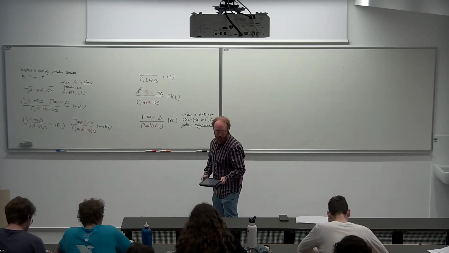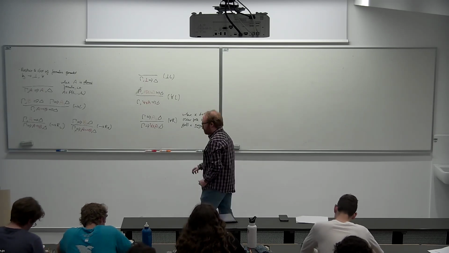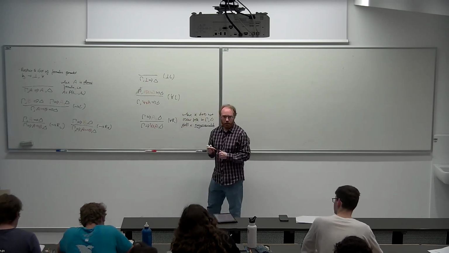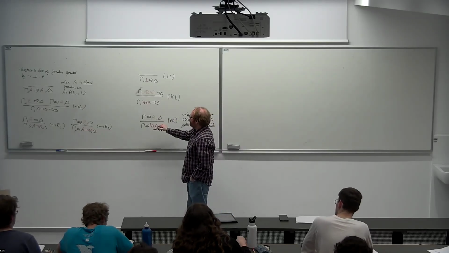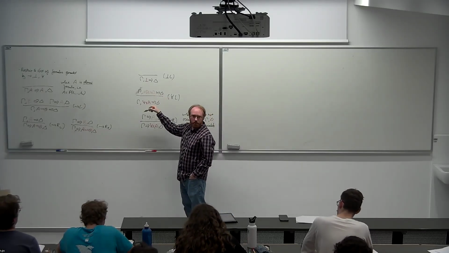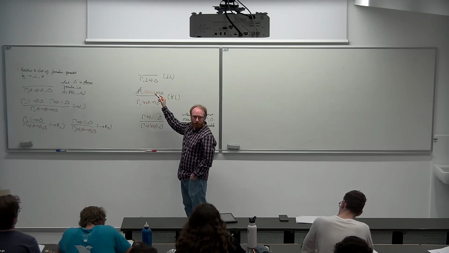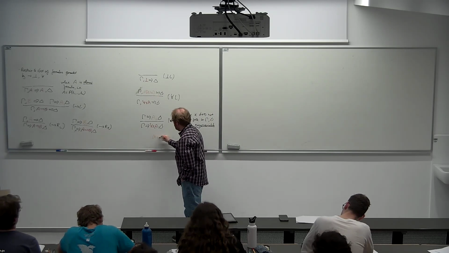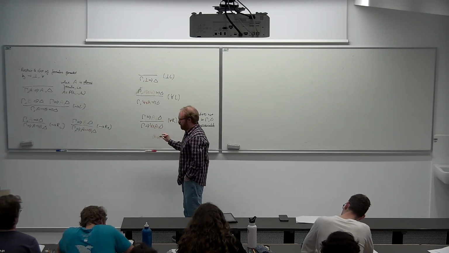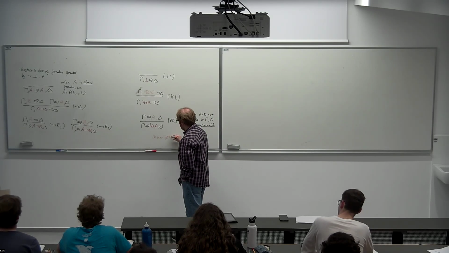Let me recall the terminology, which I think you saw last week, if I'm correct. The formulas on the top of the inference rule which get eliminated are called minor formulas. These ones which are written in orange are minor formulas.